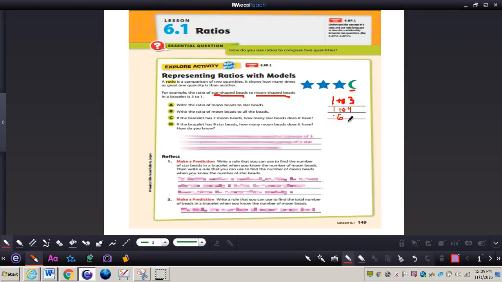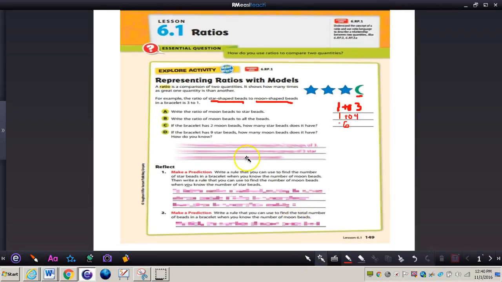All right, so let's take a look at letter D. It says if the bracelet has 9 star beads, how many moon beads does it have? And then how do you know? So let's take a look at this answer, and I want you to write it down with me. So it says 3 moon beads, and so it says 9 star beads is equal to 3 groups of 3.